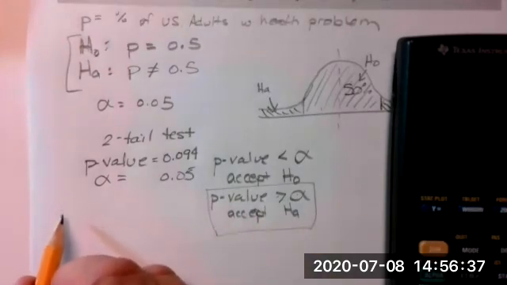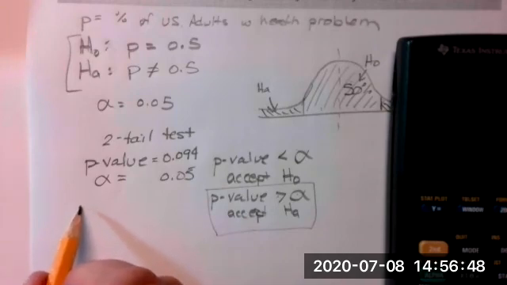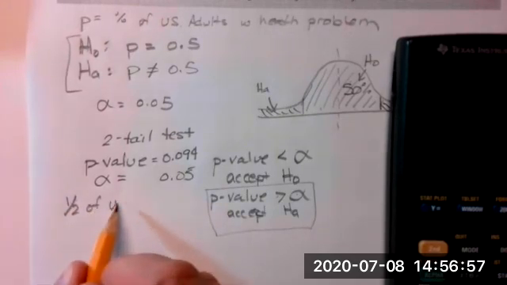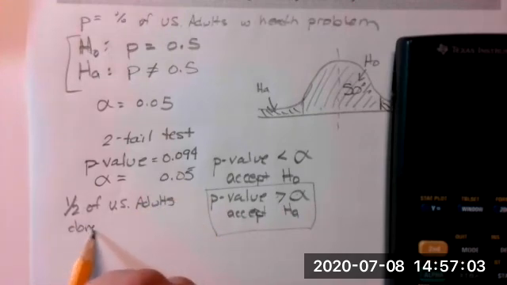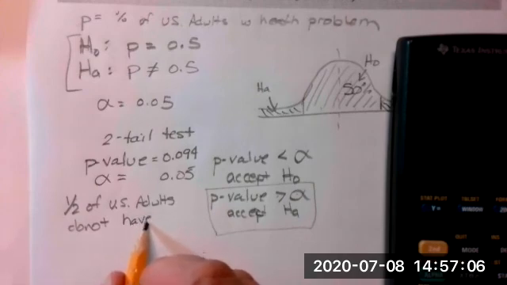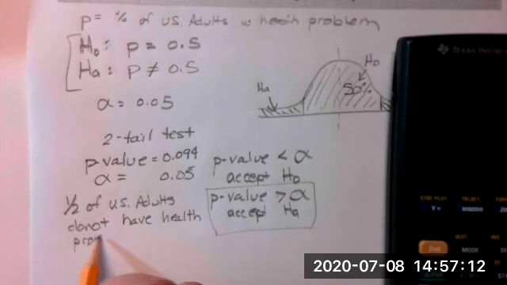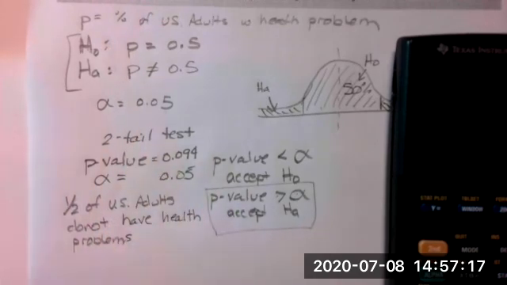The television news crew claimed that half of U.S. adults have health issues, and we're actually going to say that that is not true, that half of U.S. adults do not have a health problem. Now, it's not saying that it's more or less, it's just saying that it's not 50%. It could be greater than 50%, it could be less than 50%.